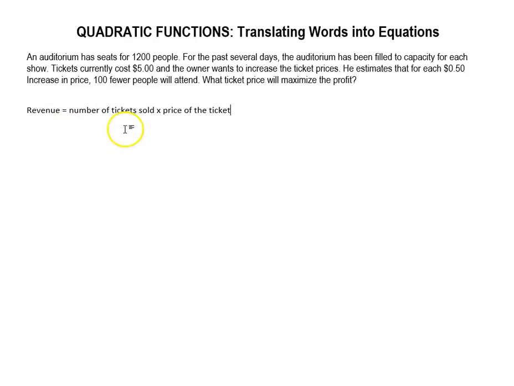So if I had, for example, one ticket and I sold it for $5, my revenue would be 1 times 5, or $5, etc. Okay. Now, I have that equation here, but let's see what else we've got going here.